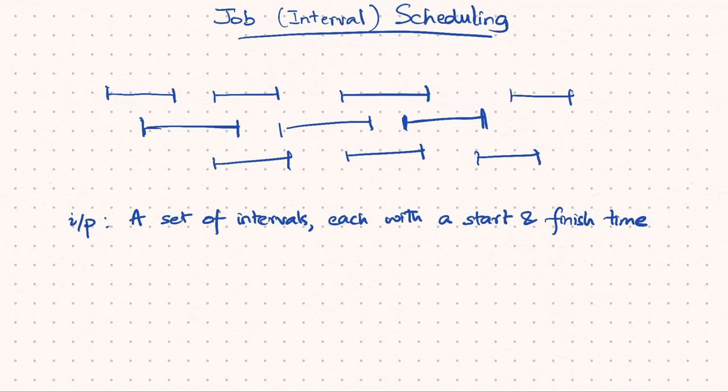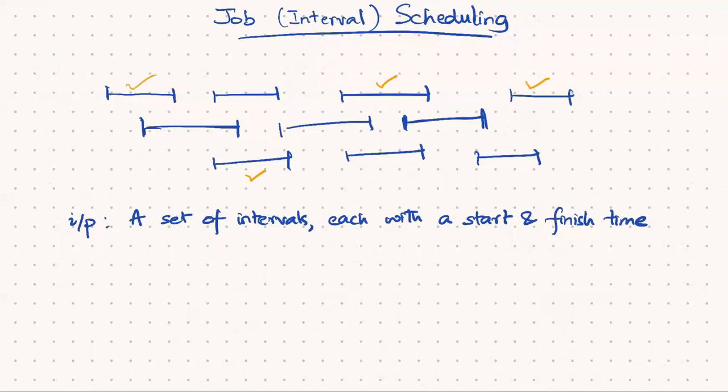So maybe we'd like to pick some intervals. Let's say, for example, we pick this first interval, then we pick this interval, we pick this interval and this interval.